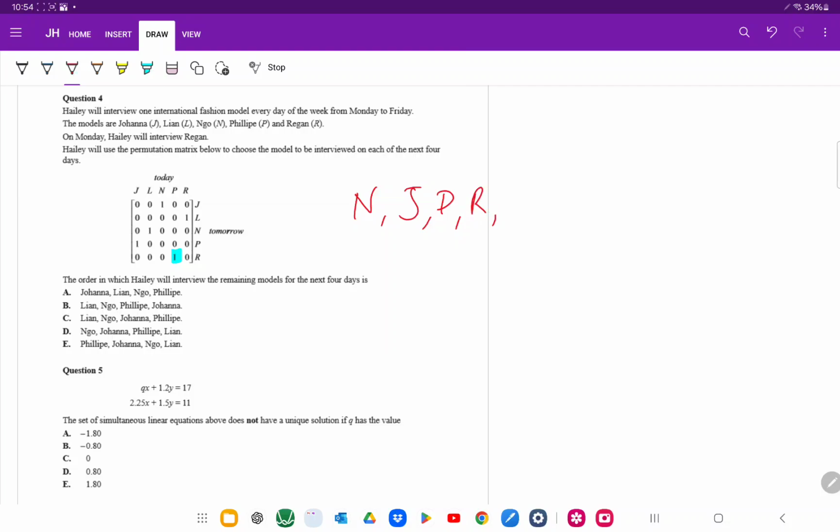And if you're interviewing R, so where's R? Sorry, R is L. And then after you interview L, you're going to be interviewing N again. So if we follow the list of which one's correct, we have C as the correct answer because we've got L, N, J, P.